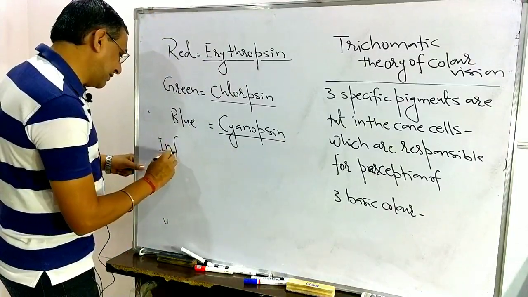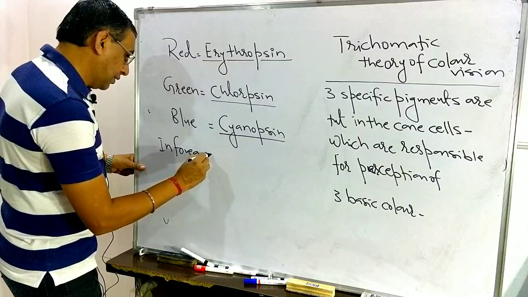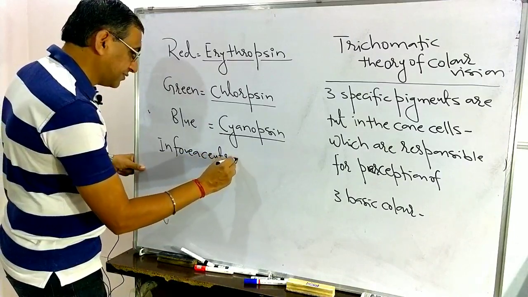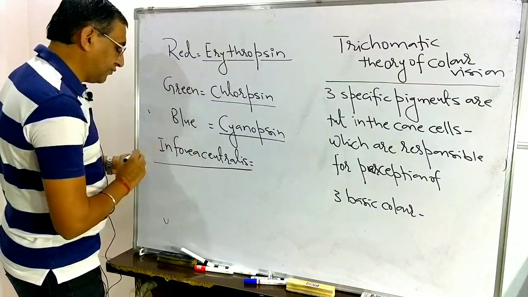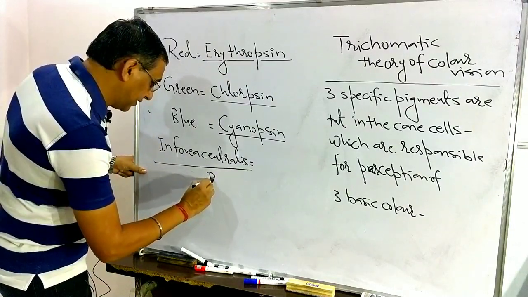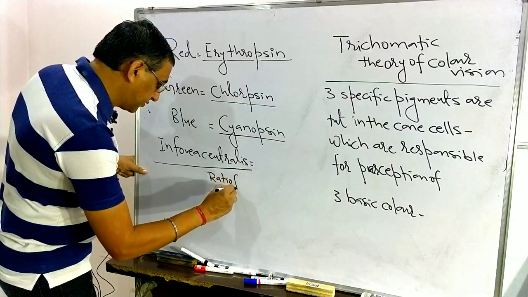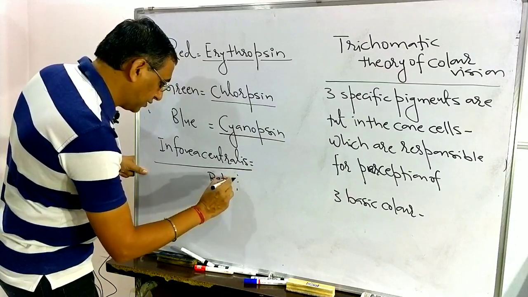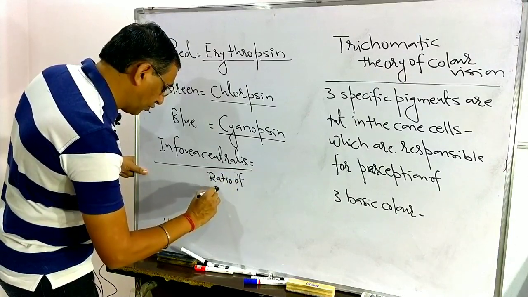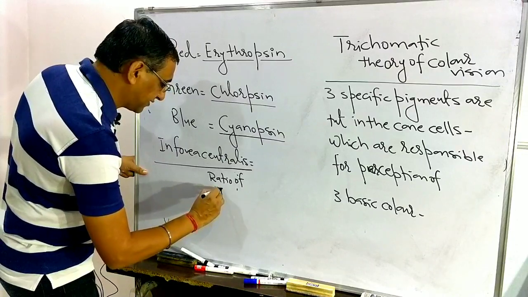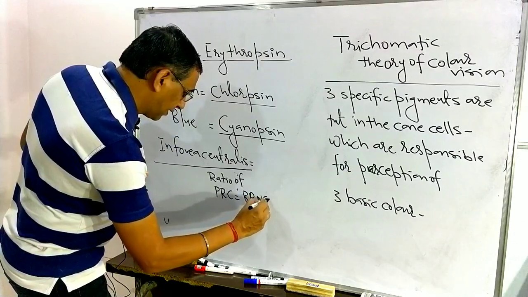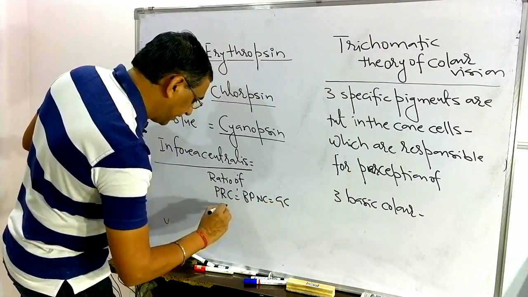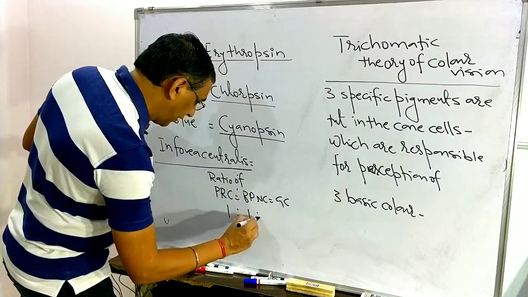In the fovea centralis, the ratio of photoreceptor cells, bipolar neuronic cells, and ganglionic cells is 1:1:1.